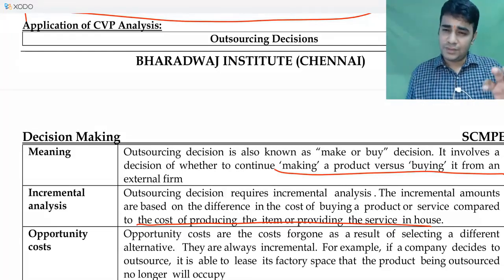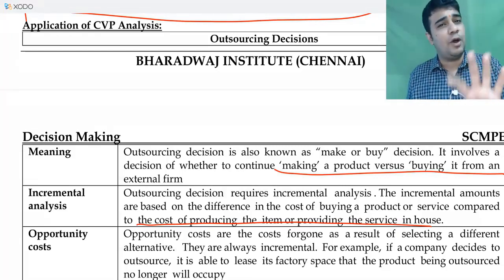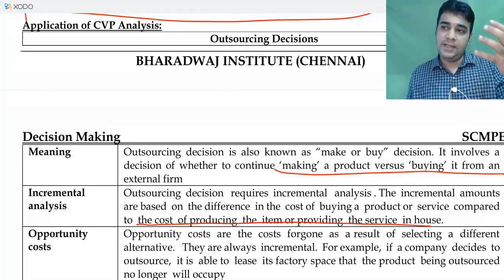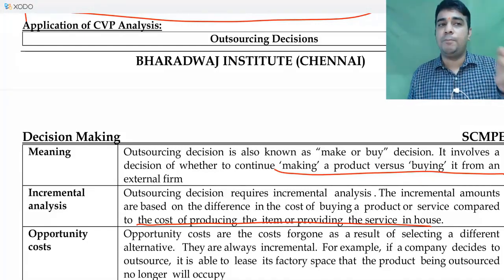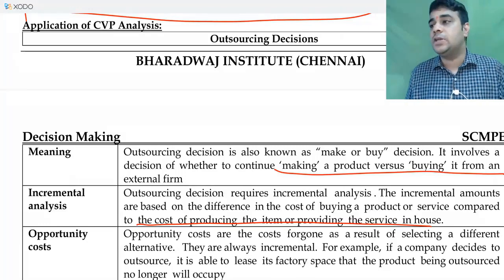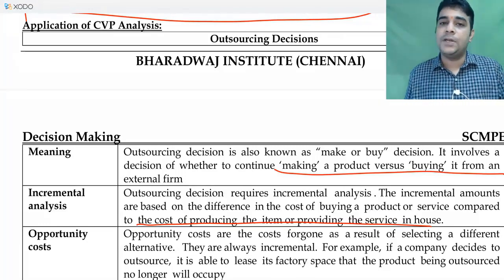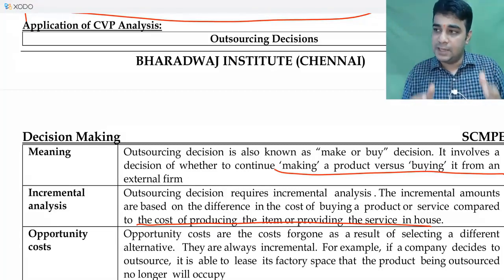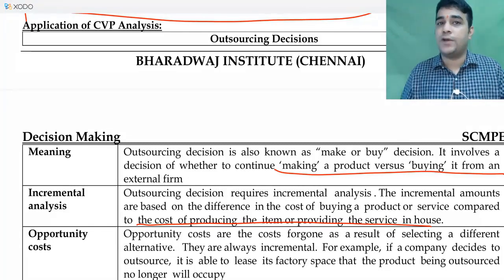Now it can be an opportunity cost, it can also be an opportunity gain. For example, you are earlier making the product. Now instead of making, you are planning to buy the product from outside. When you decide to buy the product from outside, there could be an opportunity gain for us. What is the opportunity gain? If I buy it from outside, the manufacturing facility which I have can be used for some other purpose.